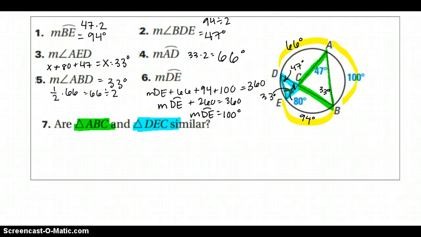So to see if they are similar, we want to look at the angle measures. In ABC, we have measures of 47, 33, and this angle in here must also be 80 degrees because these are vertical angles. And on DEC, we have 47, 33, and 80. So since the angles are the same, then yes, they are similar.